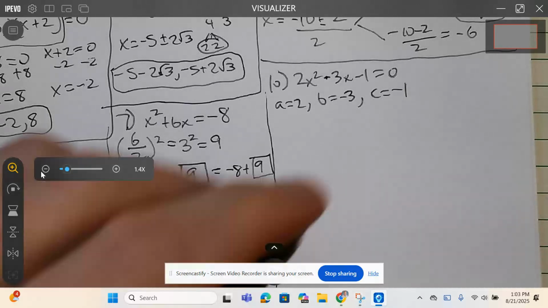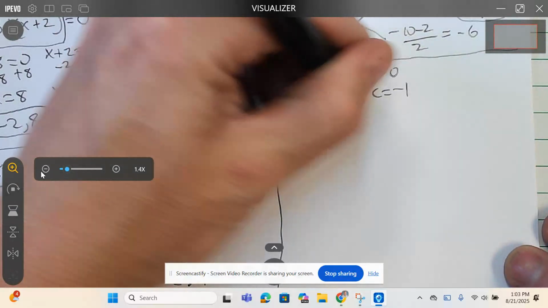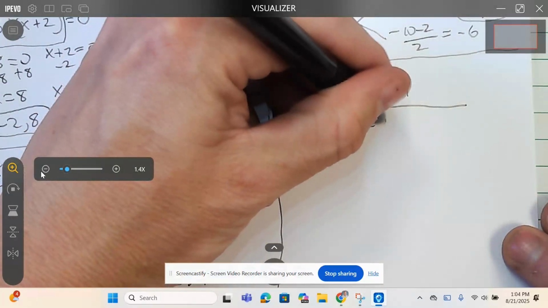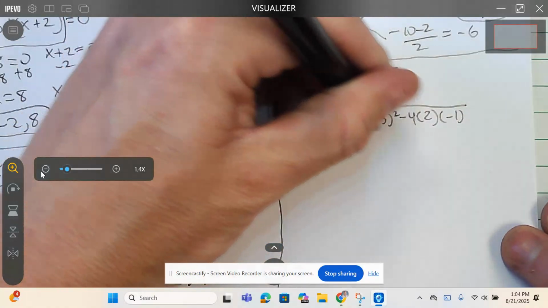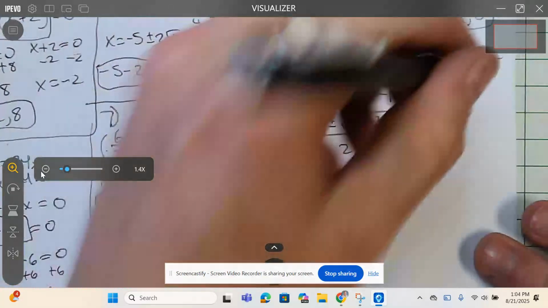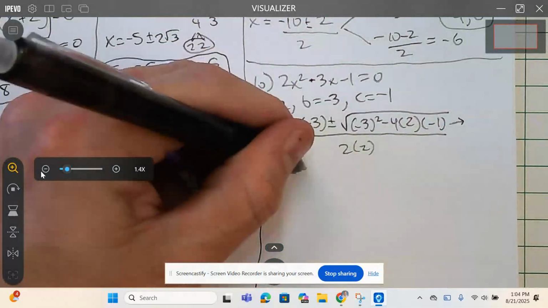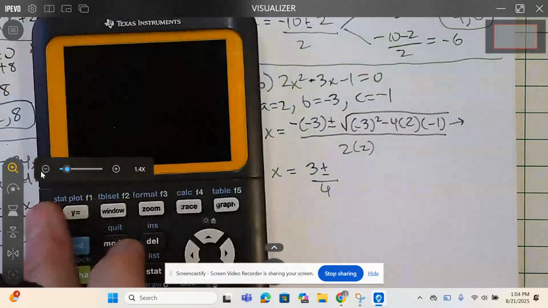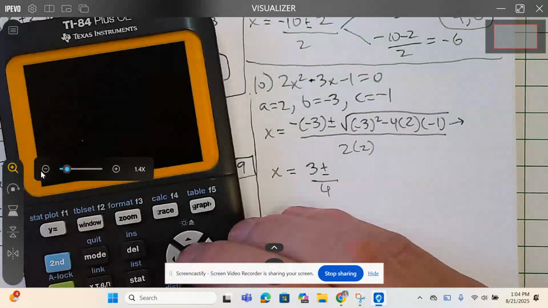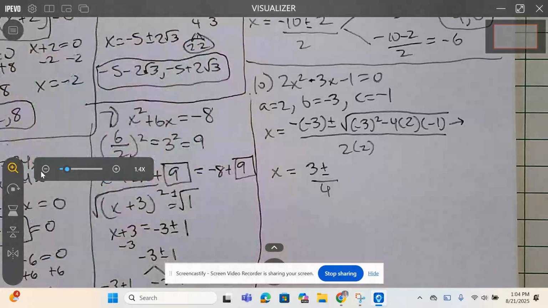Okay, now x equals negative b plus or minus the square root b squared minus 4ac all over 2a. Negative times negative 3 is 3. 2 times 2 is 4. That's 17.